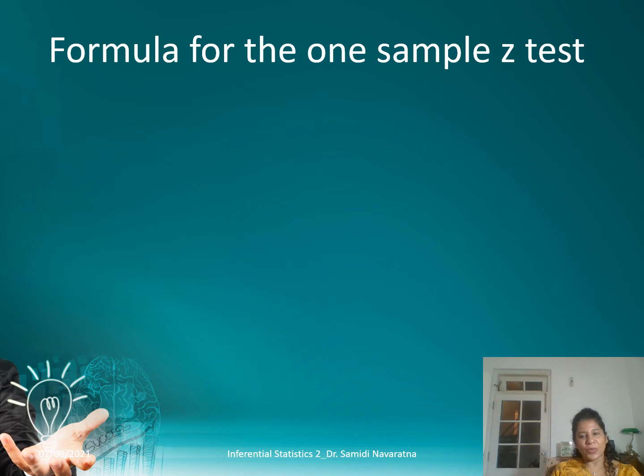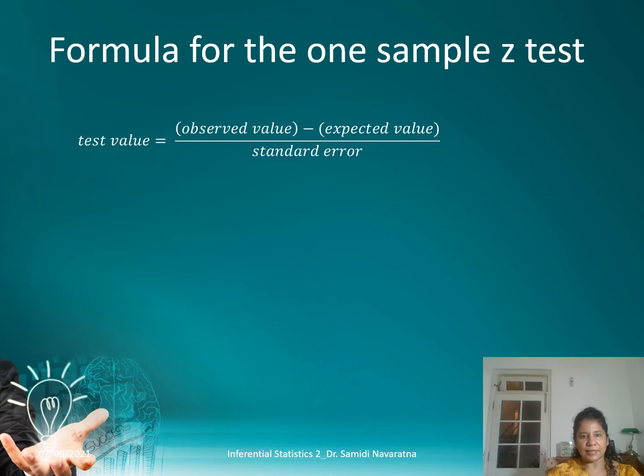So, let's see how we can calculate the Z statistic. For any given statistical test, the common equation is test value equals observed value minus expected value divided by the standard error.